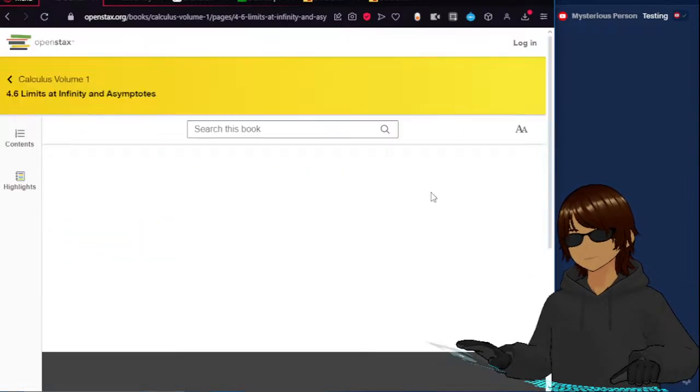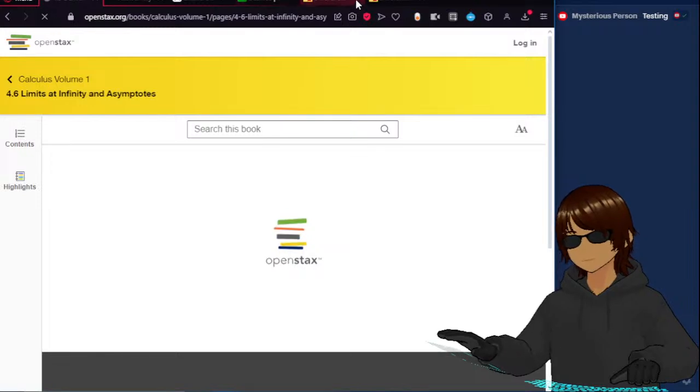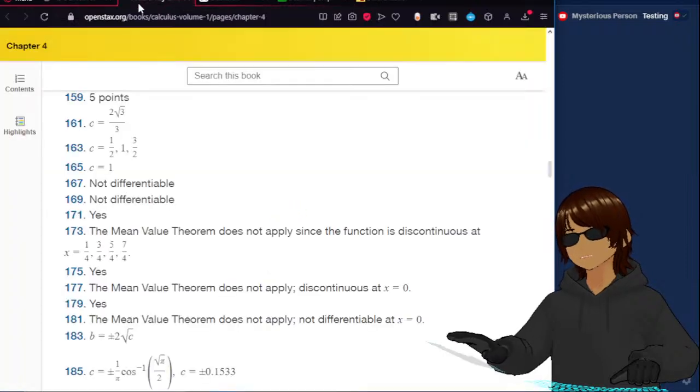Next. Limits at infinity and asymptotes. How many chapters? This is taking forever to load.